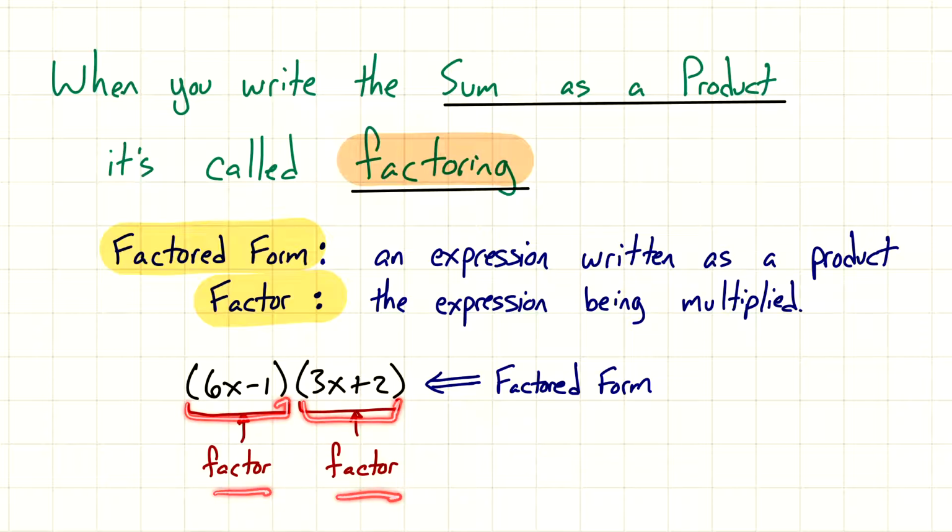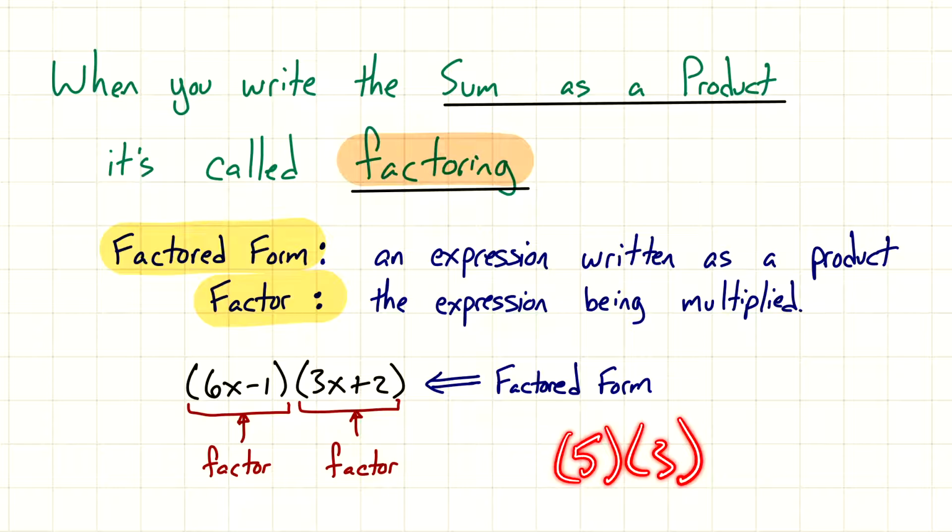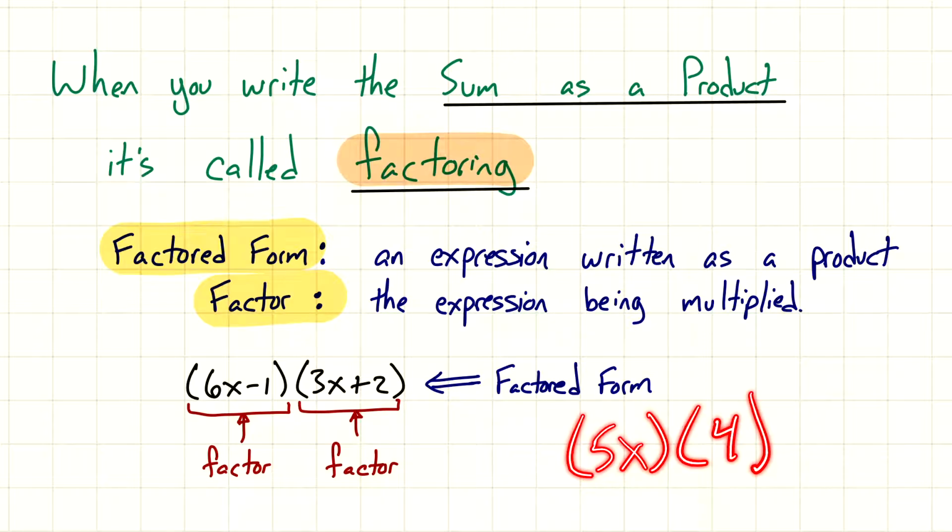This would be the same thing even if I had 5 times 3. This would also be factored form, and each one of these would be considered a factor. It doesn't matter if it's a number or if it's a number and a letter or just one of each.